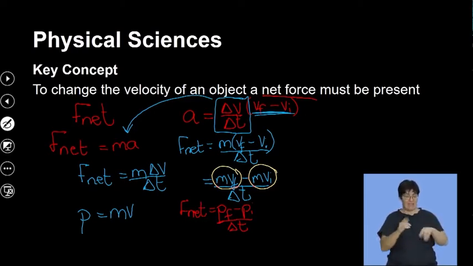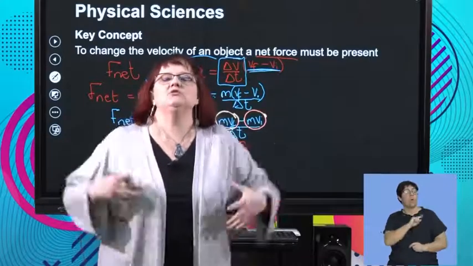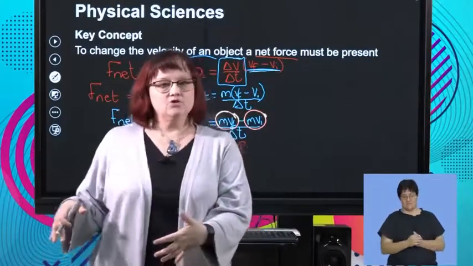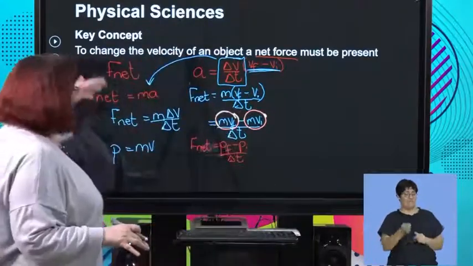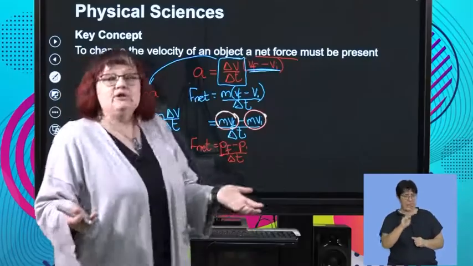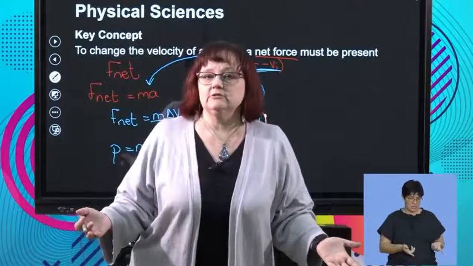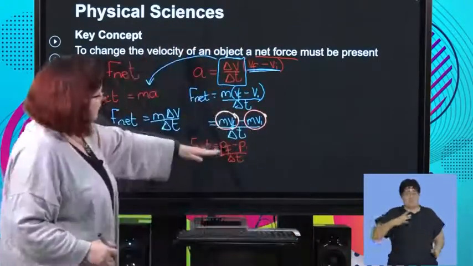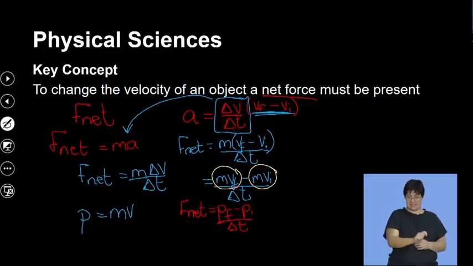That change in momentum comes about because the velocity changed. Why did the velocity change? Because we exerted a force on the object. So we had an equation that said mass times acceleration. Sometimes we don't know what the acceleration is. We only know how the velocity changed. So we can also say that F net is my change in momentum.